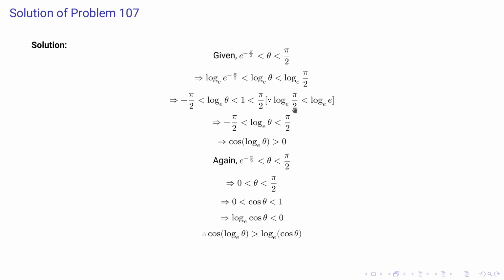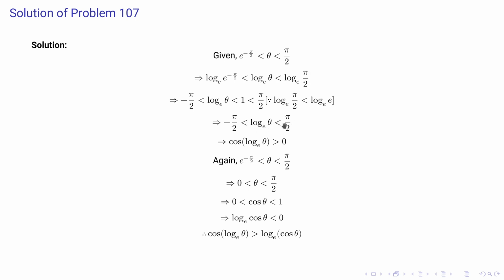So log of pi by 2 is less than log of e with base e. So we have this and we have this condition. So we see that this would be less than log of e with base e, and this is 1. So we write instead 1 here, and 1 is less than pi by 2. Now we have minus pi by 2 less than log theta with base e less than pi by 2.